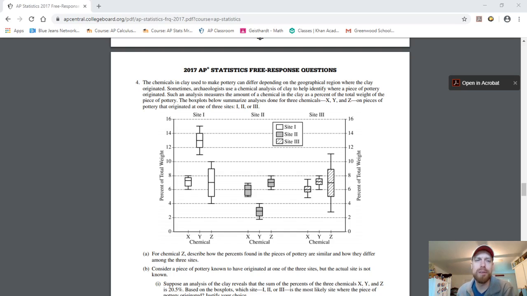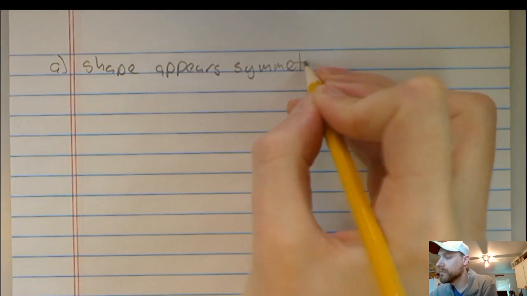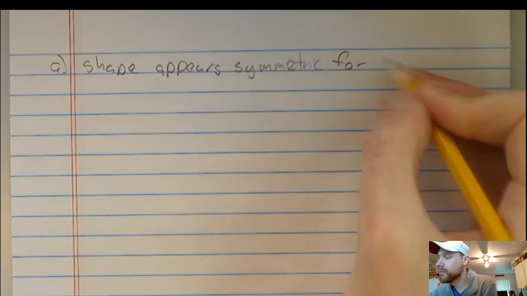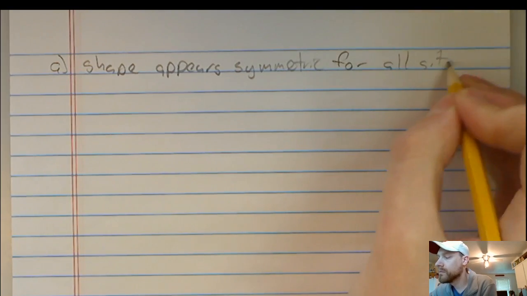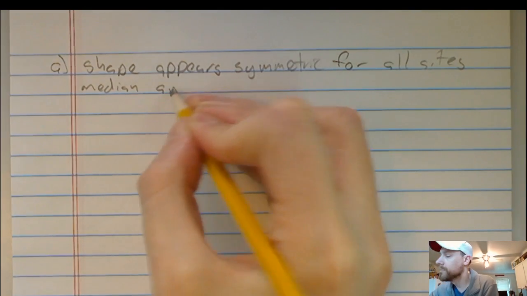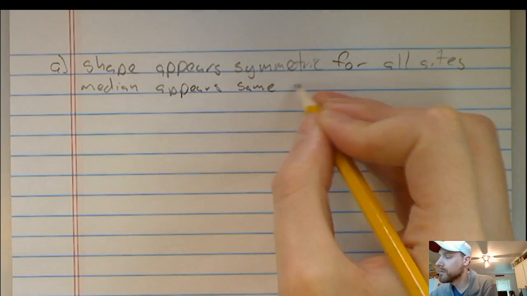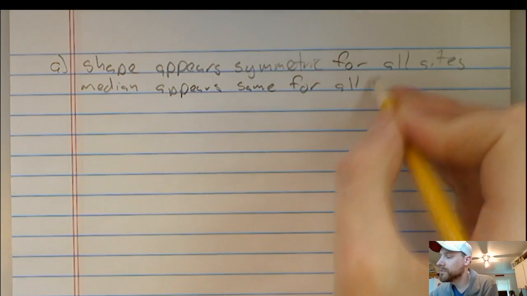All right, let's write that down. A. Shape appears to be symmetrical for all of them. Median appears the same for all sites.